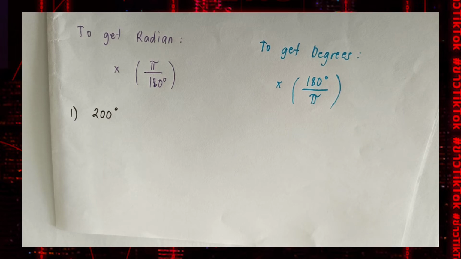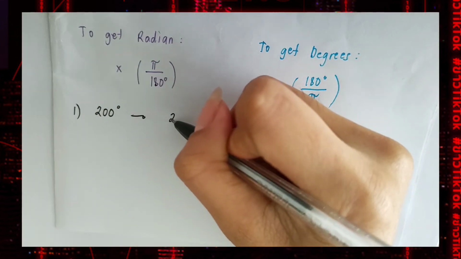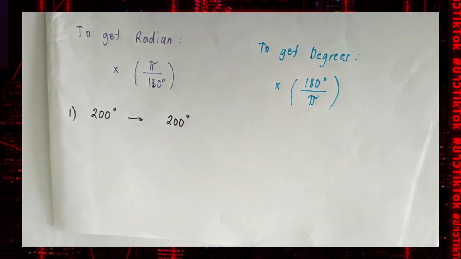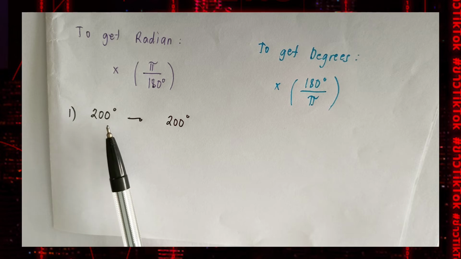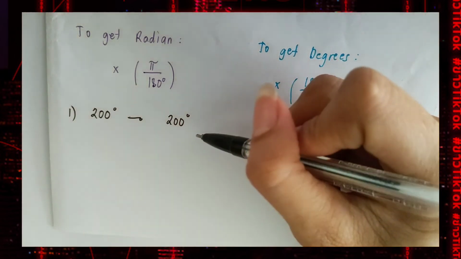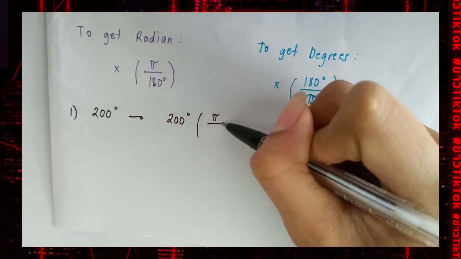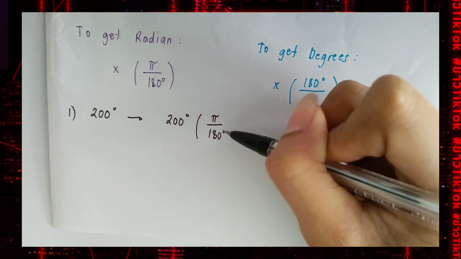Always start by writing down the angle measure you're starting with, and then multiply. So we have 200 degrees, and to convert degrees to radians we use this formula: multiply by pi all over 180 degrees.